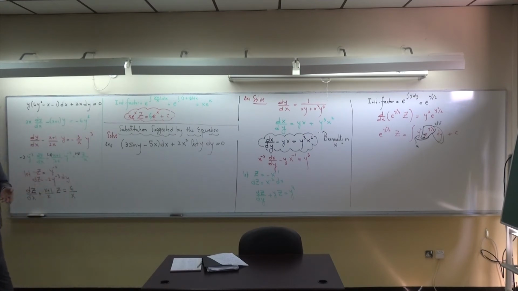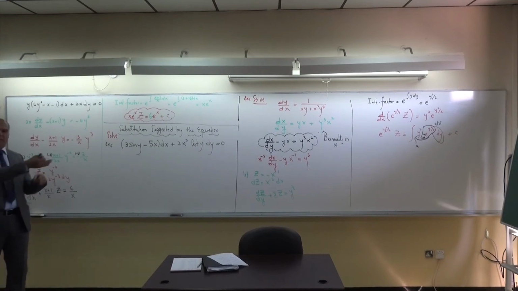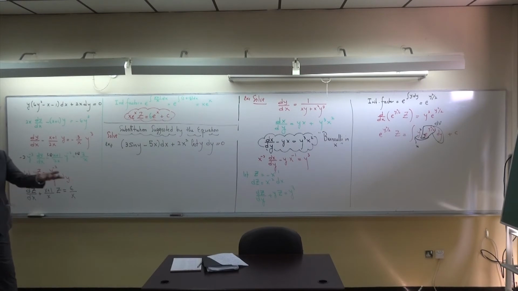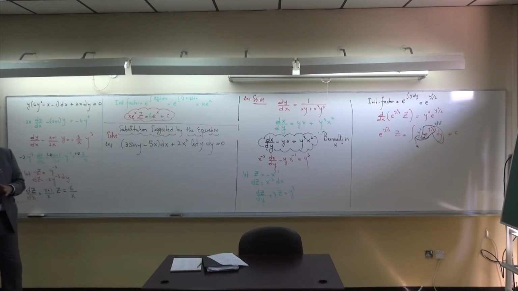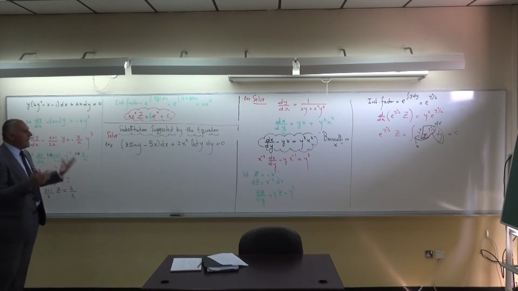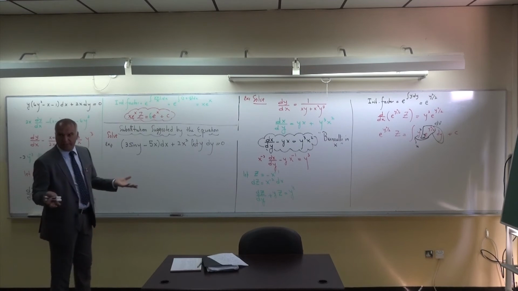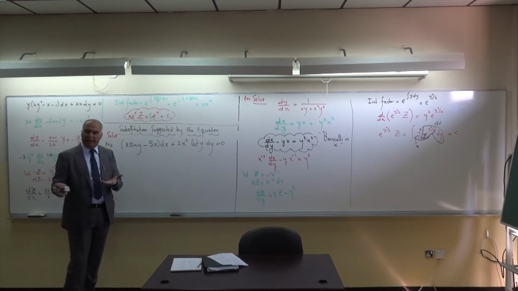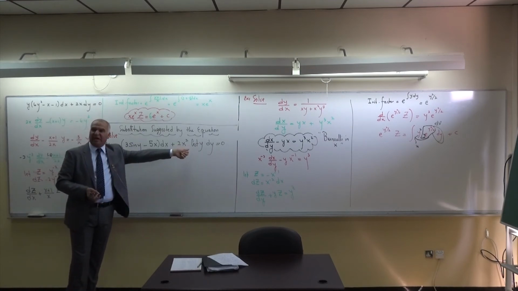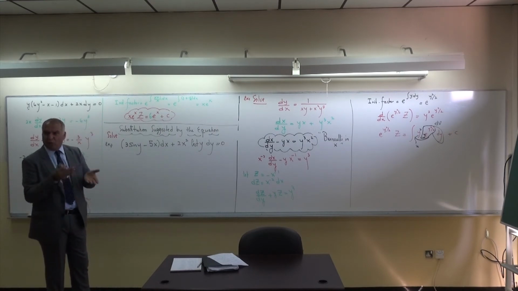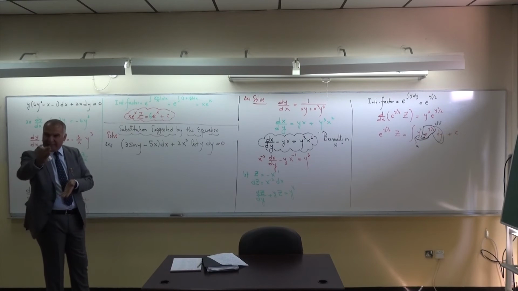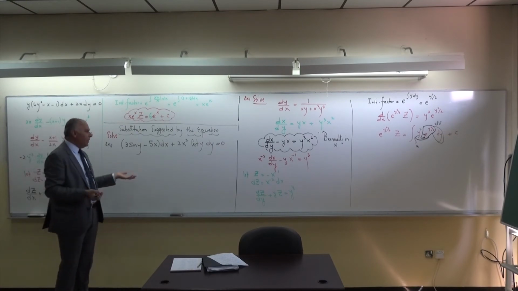Some of you may think, let's check if we can do it by determination of an integrating factor. Feel free to do it. If it works, it's nice. But if it doesn't, then of course it's not. Determination doesn't work. It's not a Bernoulli equation, neither in x nor in y. It cannot be in y because it has sin y and cotan y, and Bernoulli can't have any function other than y to the power one and y to a power other than one. Can it be Bernoulli in x?